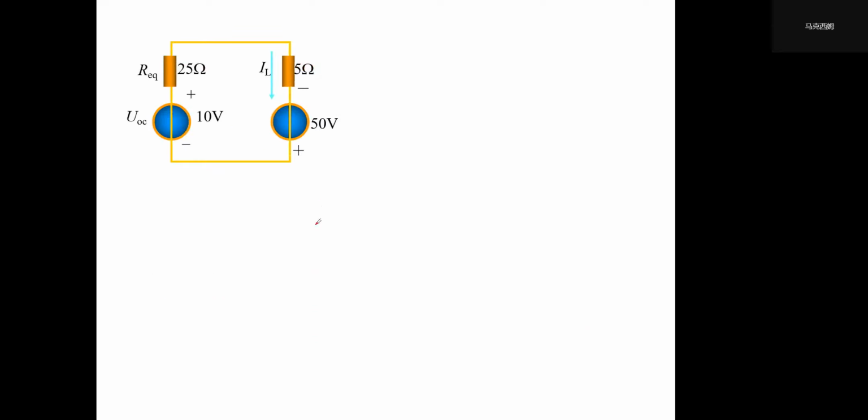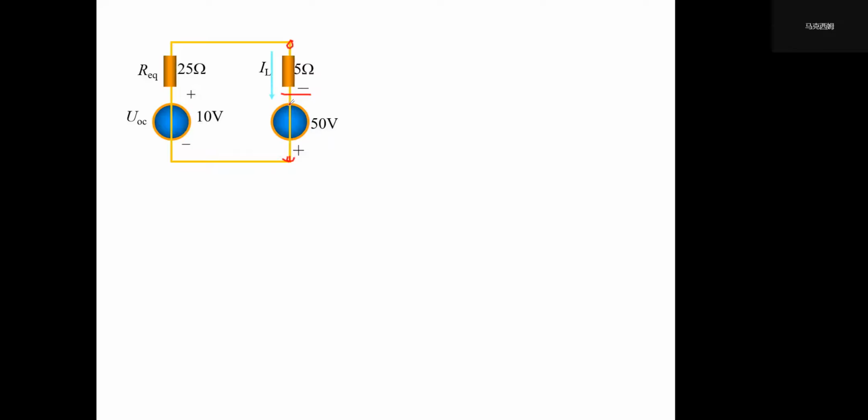Now we put back the 5 ohm branch, and we add back the voltage source we have here. Of course you can do this calculation by putting back this 50 volt voltage source, but it's going to be less convenient.